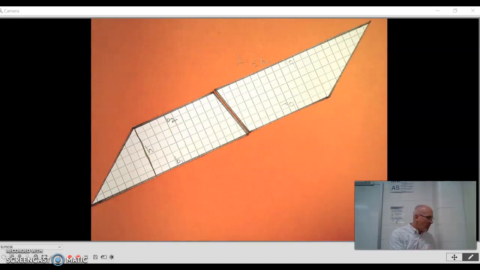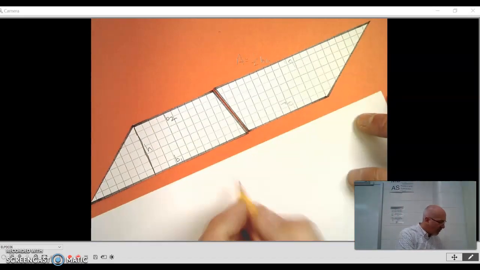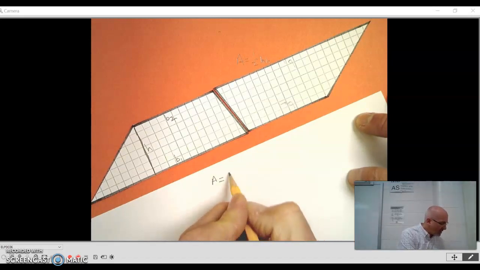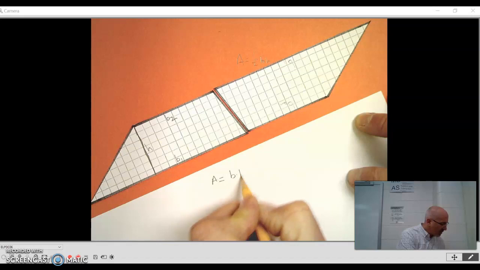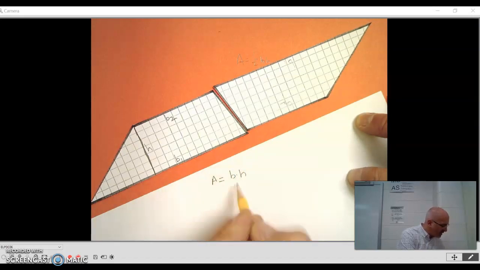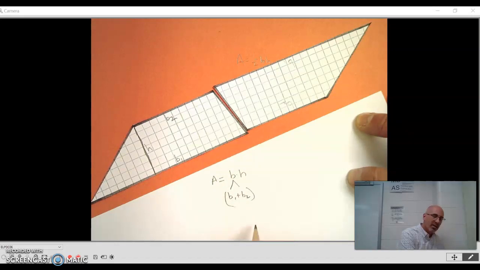And we know that when we find the area of a parallelogram, it is base times height. Okay? So this base is really a combination of B1 plus B2. And then my height is right here. So this is the area of the parallelogram.